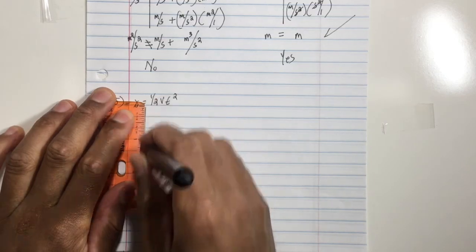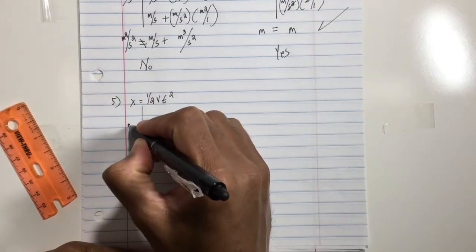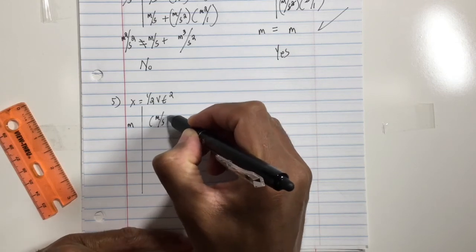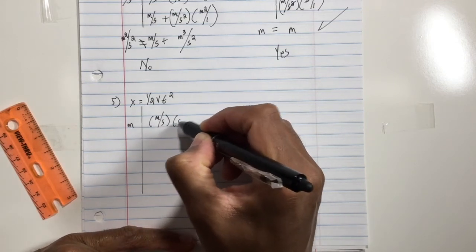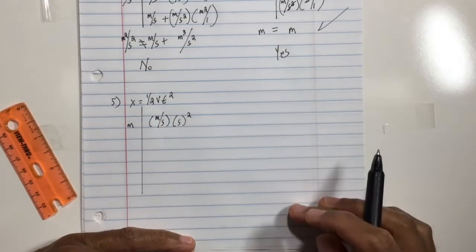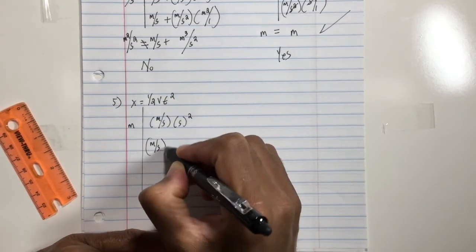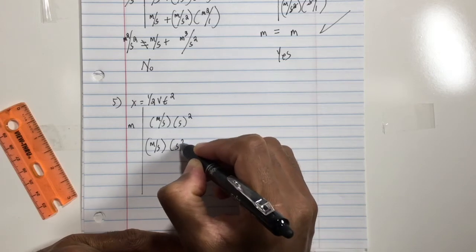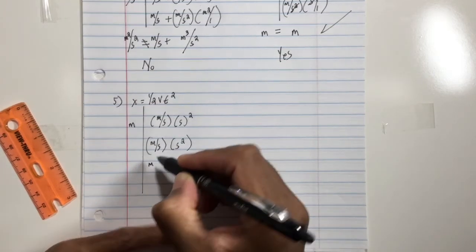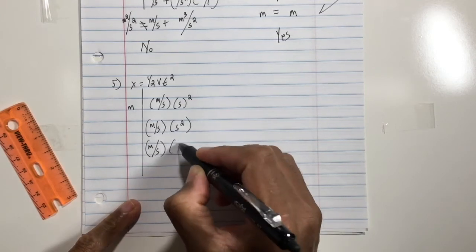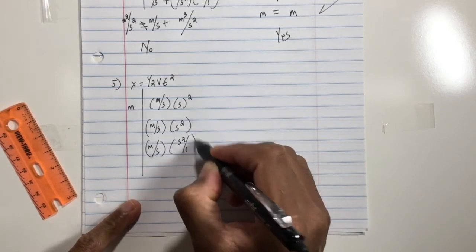You may be thinking no, but let's see. This is a meter. This is a meter per second times second, all squared. Okay. Again, it's a meter per second times a straight second squared. If I rewrite that, meter per second times a second squared over 1.